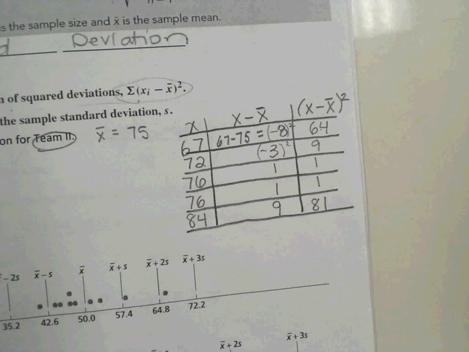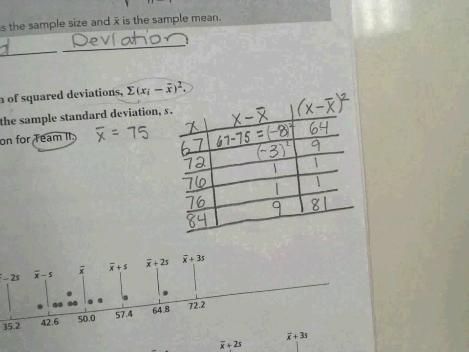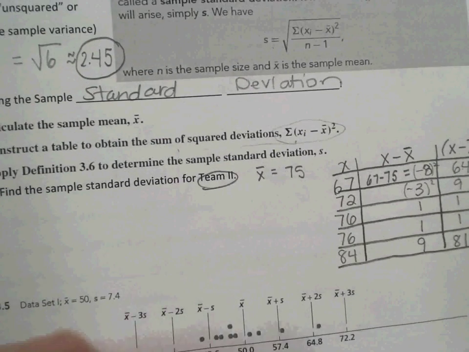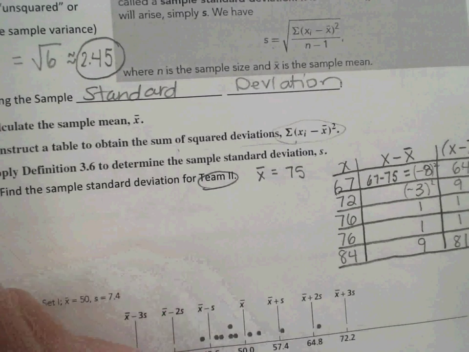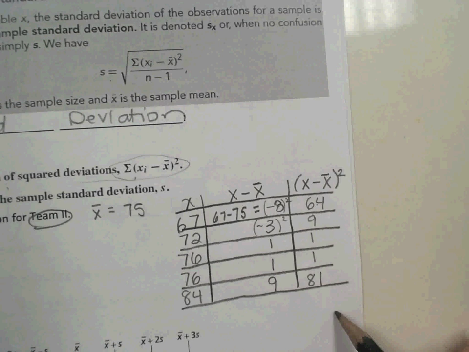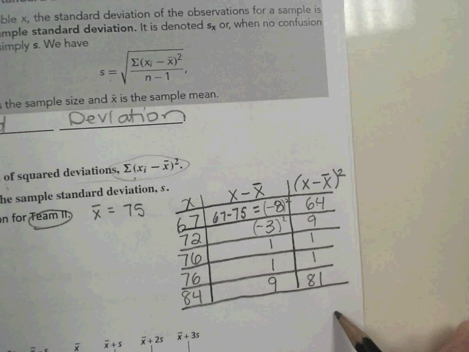Step 3 is apply the definition in this box up here to determine the sample standard deviation. So I'm going to find my sample standard deviation by adding these all together, dividing by n minus 1, that's the variance, and then square rooting it to get the standard deviation.